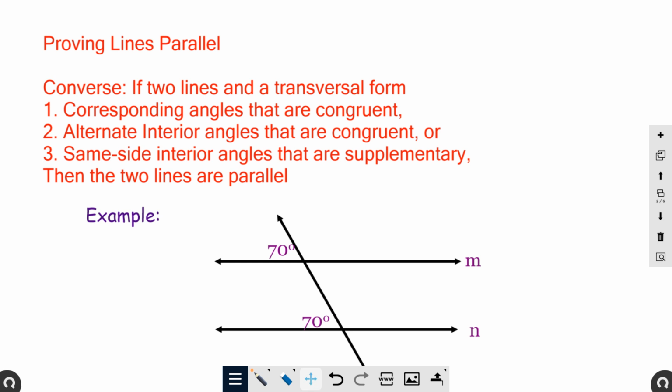Nope. Remember, that's a no. It just has to be one of those three, or again, alternate exterior can be thrown on there. Some textbooks include alternate exterior and some do not. So it just kind of goes back and forth. Don't forget to draw down that example on your note sheet.